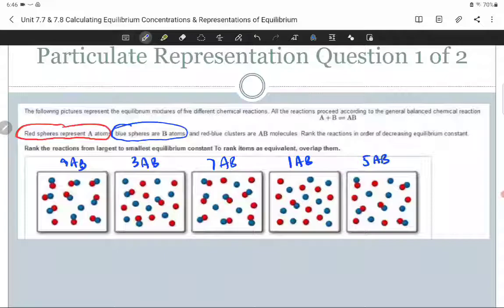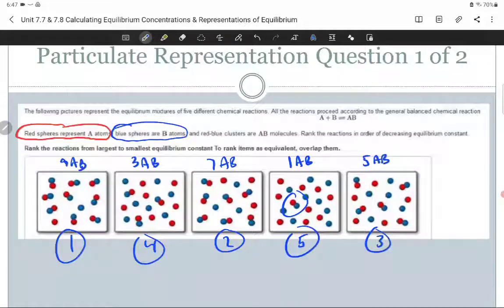I would have kept those ideas in my head. But if I'm going to rank these, this has the largest equilibrium constant because that produced the most products. Then our next would be that one, and then this one, and then this one, and this one only makes one product, so it would have to have the smallest equilibrium expression.